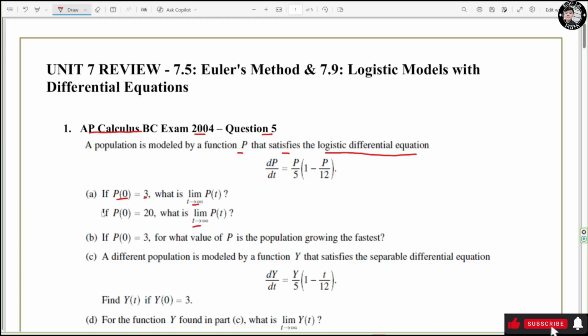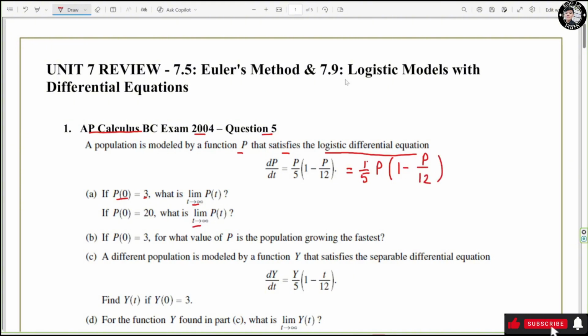So in order to answer question A, we need to rewrite this one. This one can be written as 1 over 5 p times 1 minus p over 12.